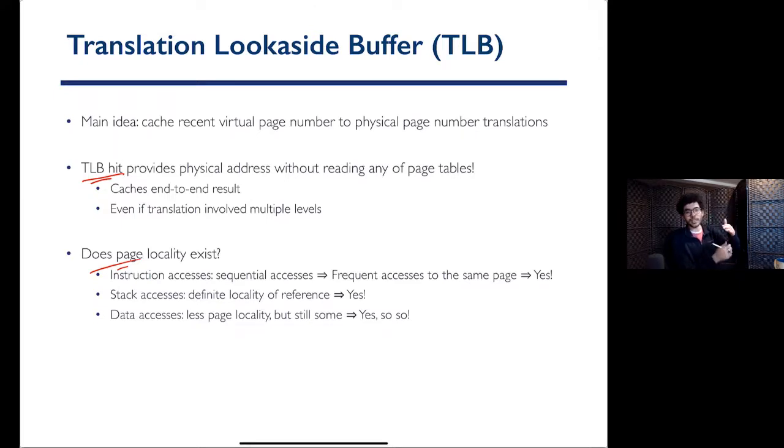Let's say all of them are in the same page, then you have temporal locality because next time you're going to look at the same page, right? You could also have spatial locality. If you have a long array that fits into a bunch of virtual pages, then you have spatial locality for your virtual addresses as well. So we know that we have locality in our addresses. Therefore, we can use that locality in our translations.